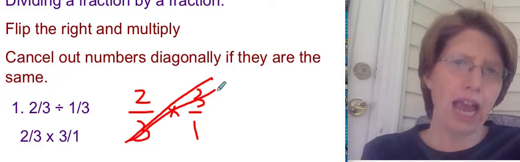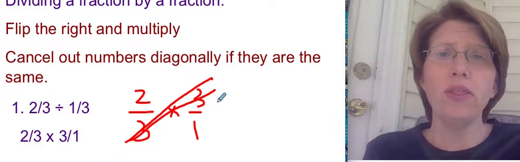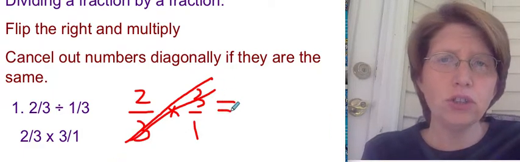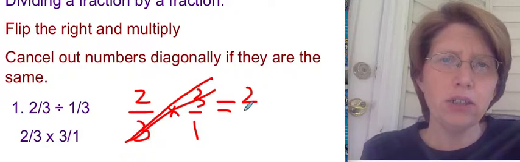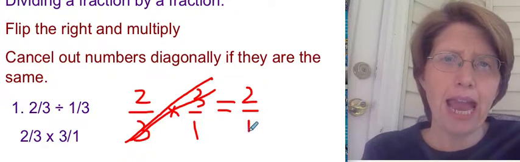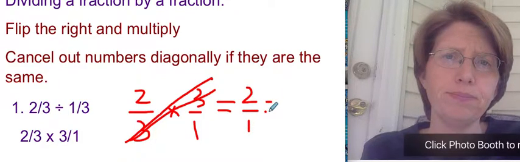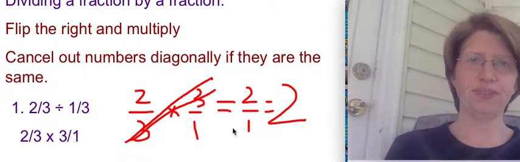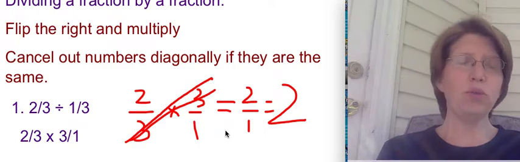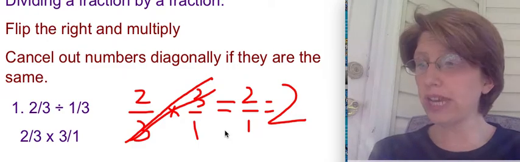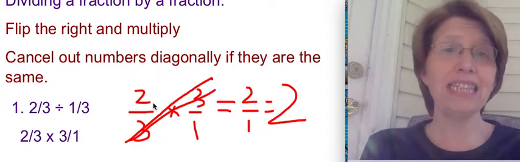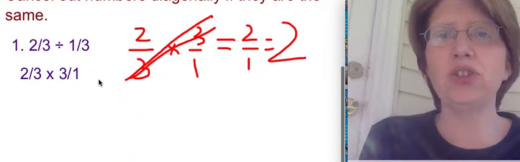But when they're diagonal, I can slice them out. Then, what's my answer? 2/1, which is the same as what? 2/1 equals 2. Okay, so when I flipped, I canceled that 3 out, and my answer was just 2. That's easy.